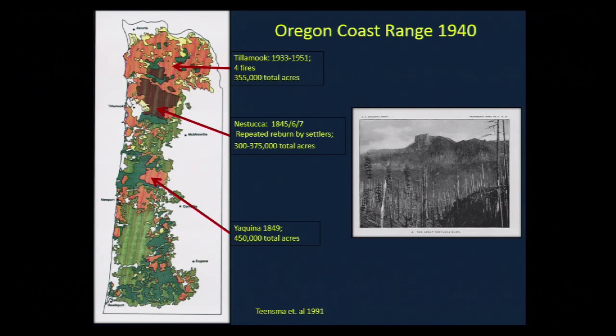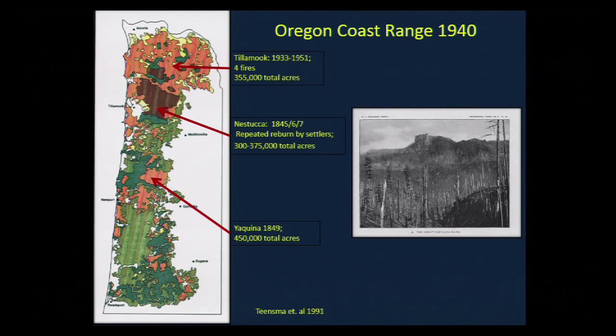So this age class map from the Oregon Coast Range from 1940 that Teensma put together is a really great example of showing the extent of fires in this fire regime. The colors, basically orange stands for recently burned, and the brown is basically very young forest that likely had been burned not that long ago.